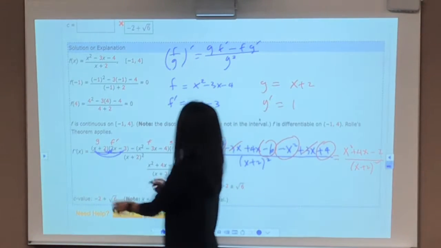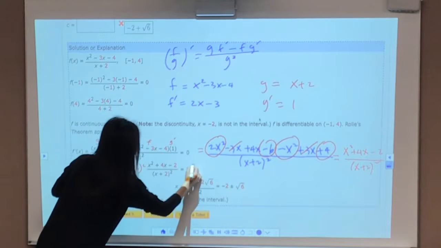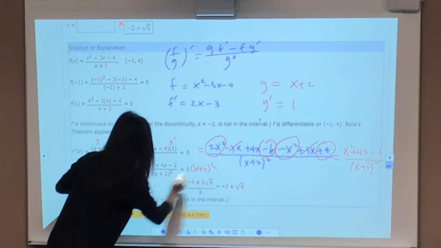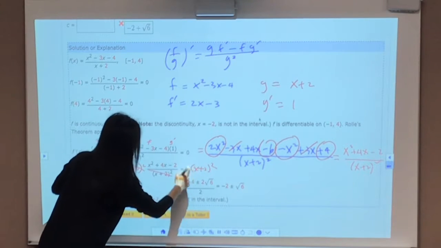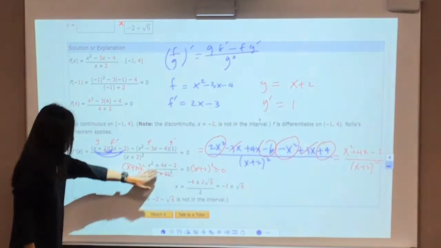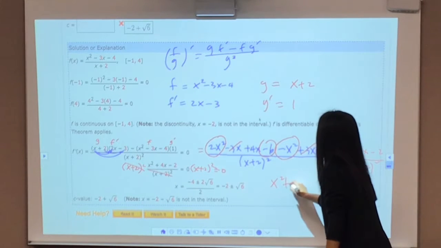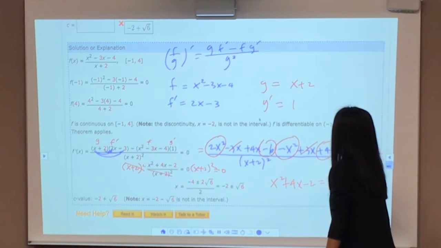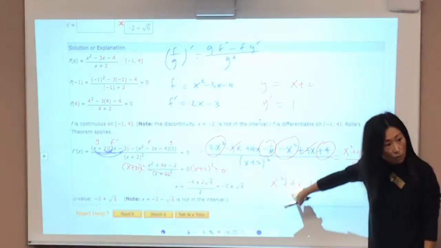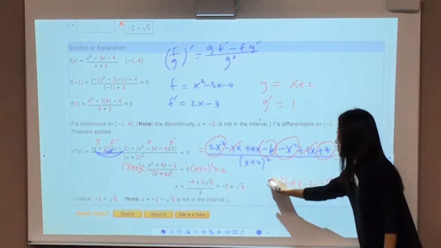First thing I need to do is multiply everything by x plus 2 squared. And then they cancel out. It's still equal to 0, right? So now you have x squared plus 4x minus 2 equal to 0. This is not factorable, so you have to use the quadratic formula.